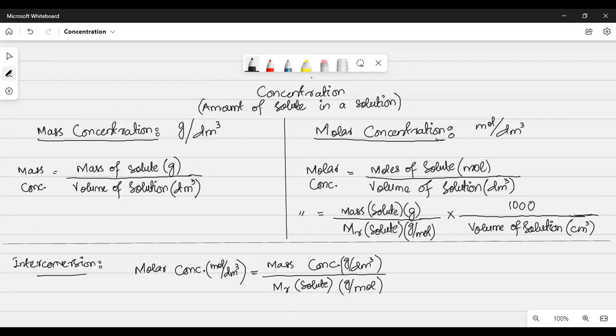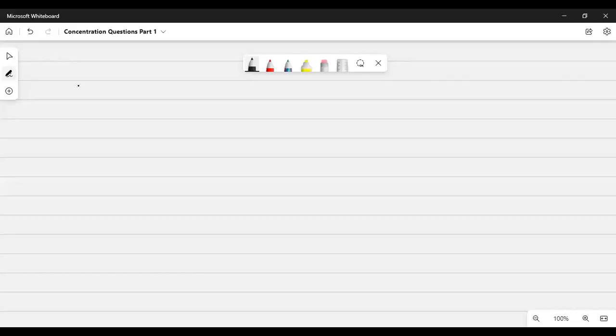Once you're capable of doing the easier concentration questions, it would automatically make you capable of doing the more difficult ones. So let's start off with some easier questions, and then we're going to move to the difficult ones. Okay. Let's start with some very basic concentration questions.